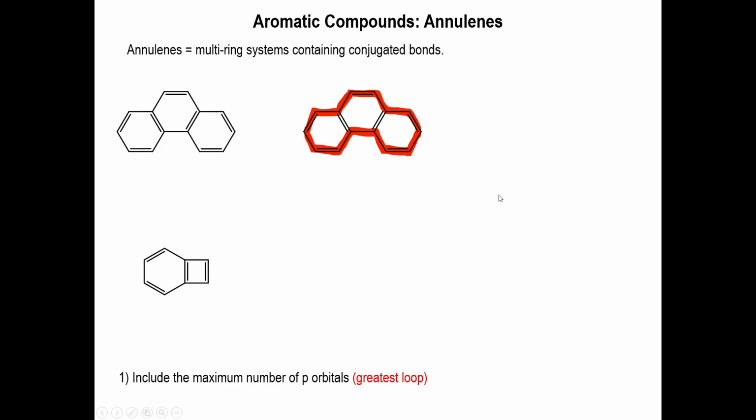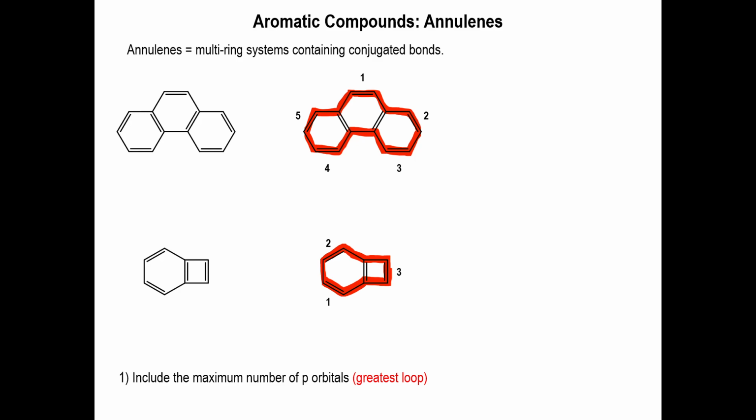All right, and then for this one, same idea. The greatest loop is not going to be the six-member ring. It's going to be the ring going all the way around the perimeter of the molecule. Okay, so that's the first thing. Now, the second thing about it is that you want to count how many pi bonds you are going through as you look at the entire loop that you have generated.